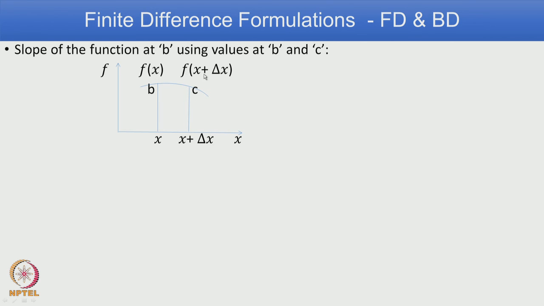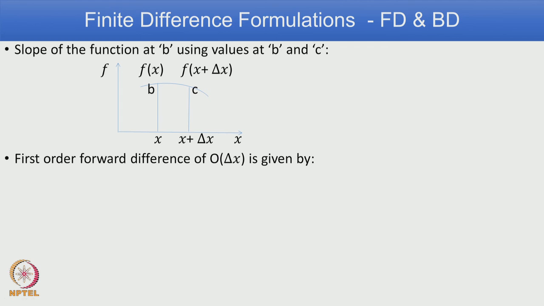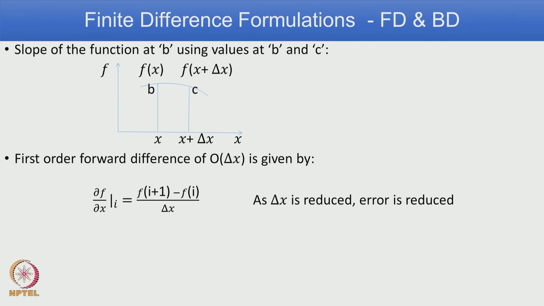So, it is f of x plus delta x. So, the function is expanded in the forward direction. So, you show it here, f of x and f of x plus delta x. So, dou f by dou x is actually the derivative or slope at this point x.